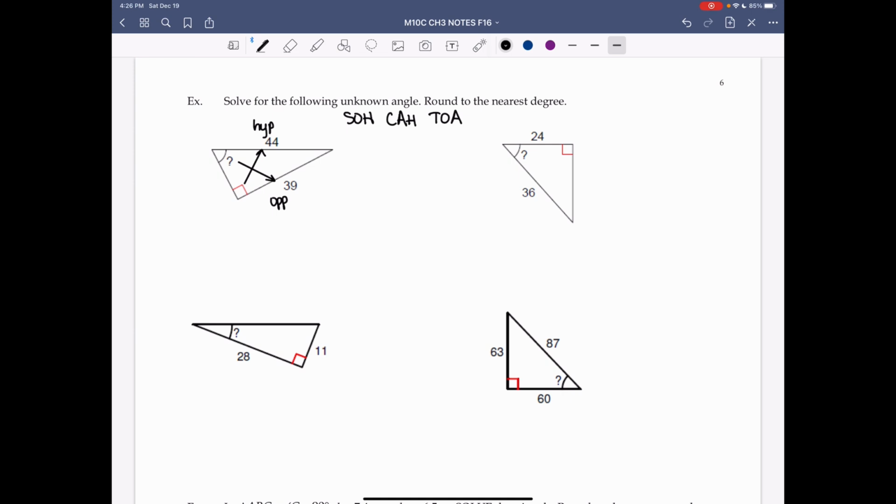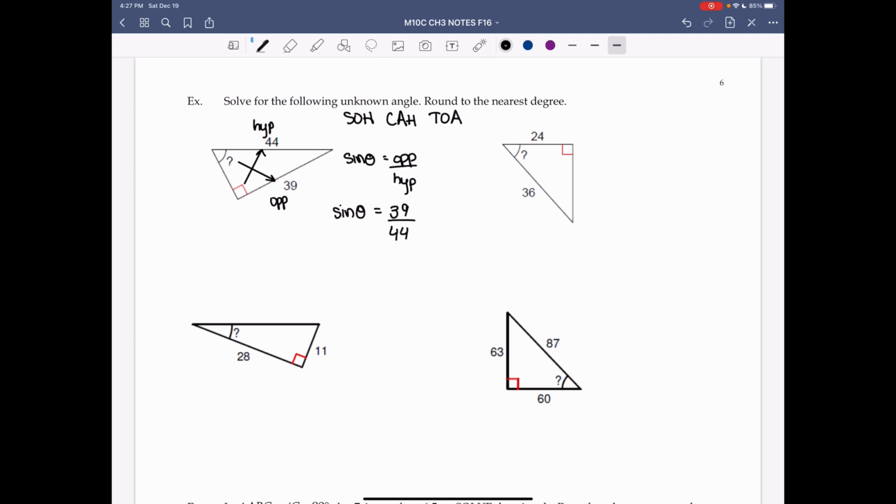First one is opposite and hypotenuse, which is sine. So sine theta equals opposite over hypotenuse. Plug in our values. We don't know our angle, so that's going to stay theta. Sine theta equals opposite is 39 and hypotenuse is 44.